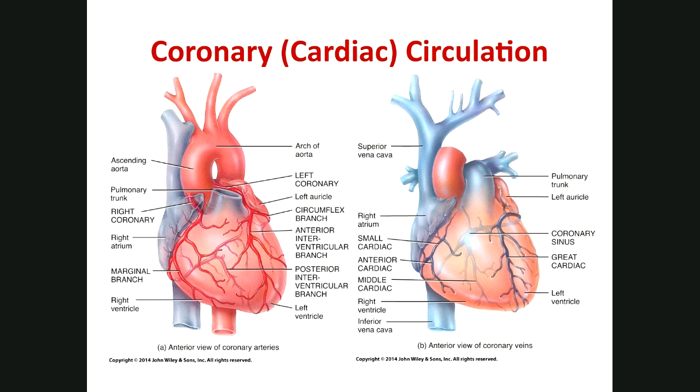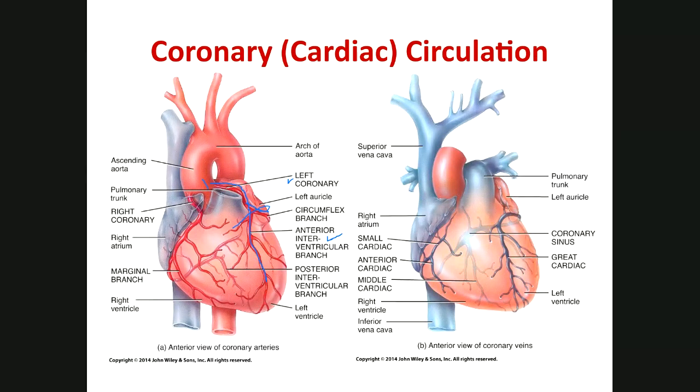So let's look at what this looks like. So here's the left coronary artery, remember, off of the ascending aorta. I'll draw it here. It's going to go in the front of the heart, and that's called the anterior interventricular branch. And then there's another branch called the circumflex branch traveling around the heart, okay, on the left.